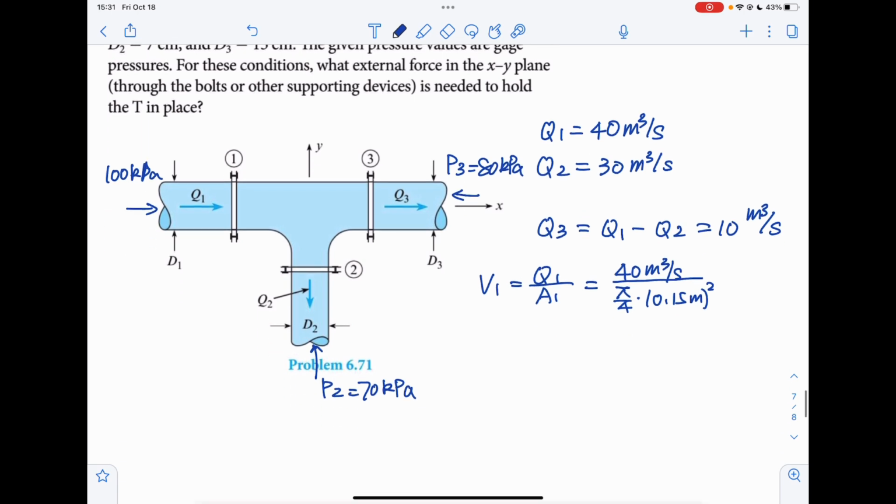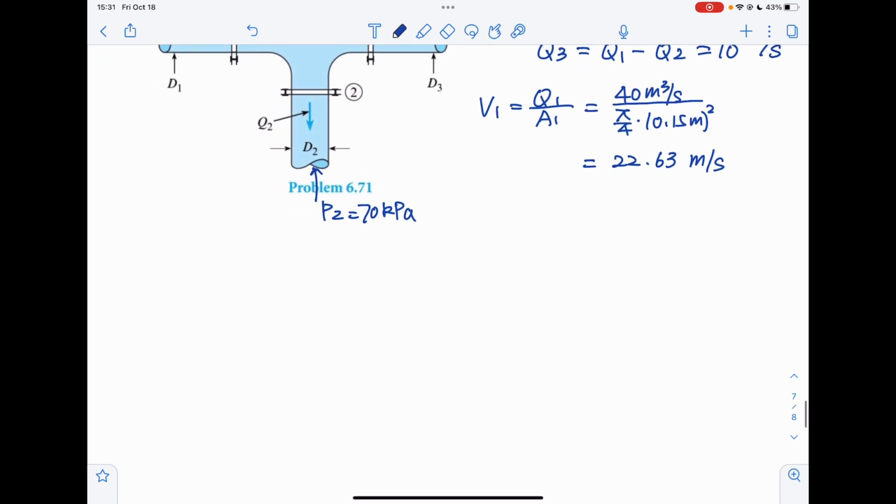Therefore, we get the value 22.63 meter per second. Similarly, we can find V2, which is Q2 over A2.